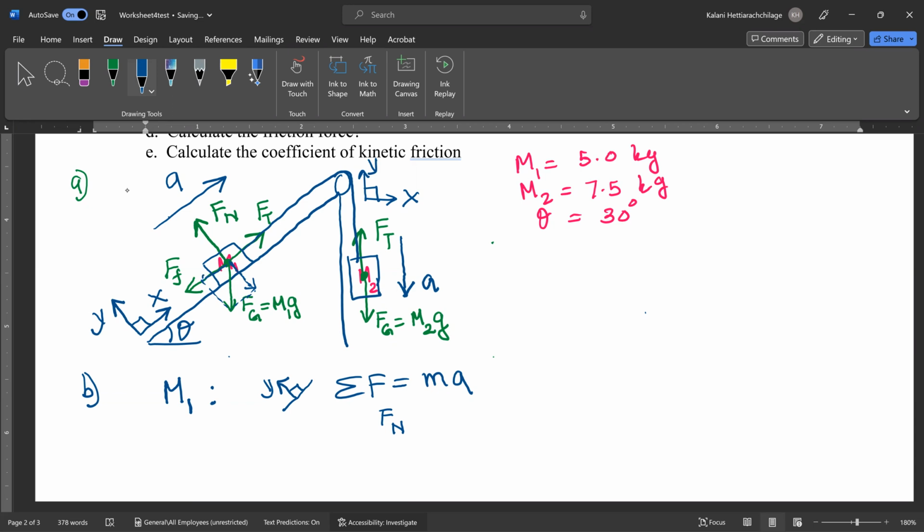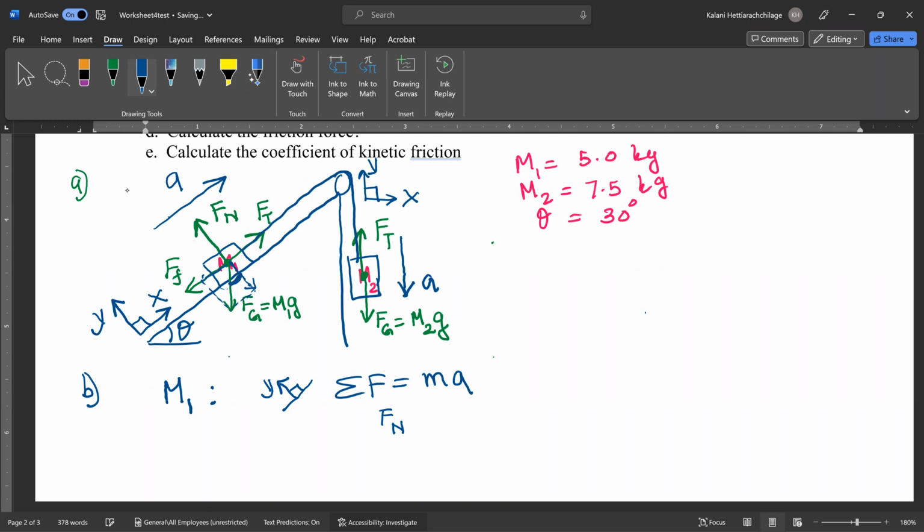So now you need to make sure, by using geometry, do you know any of those angles? How do you know that? Since this is 30 degrees, you know that this is 60 degrees. And then whenever you see that, you need to identify your angle here, this angle.